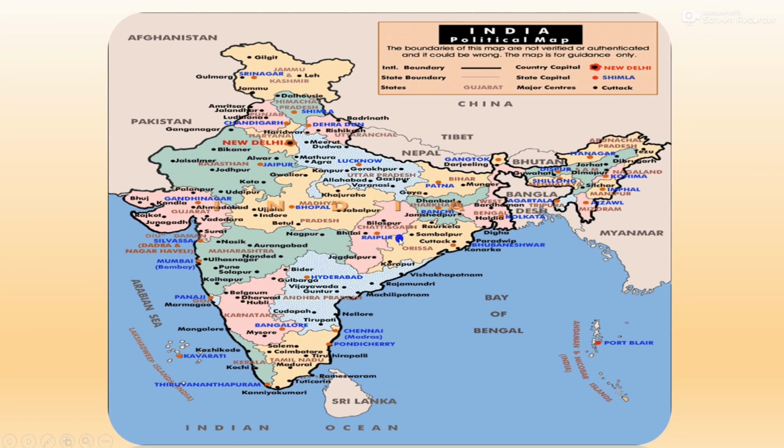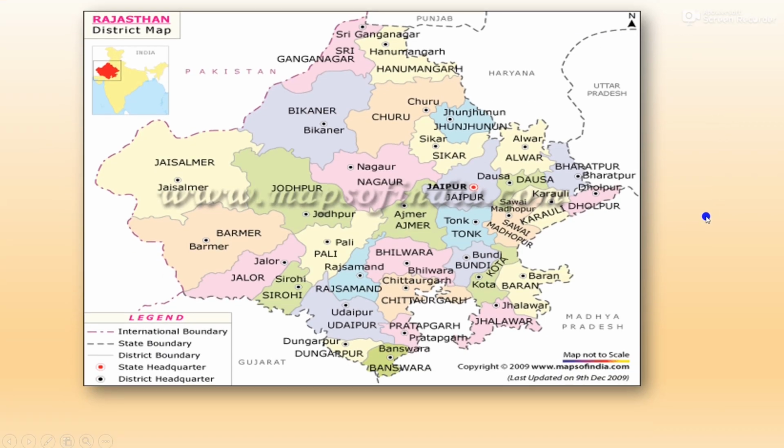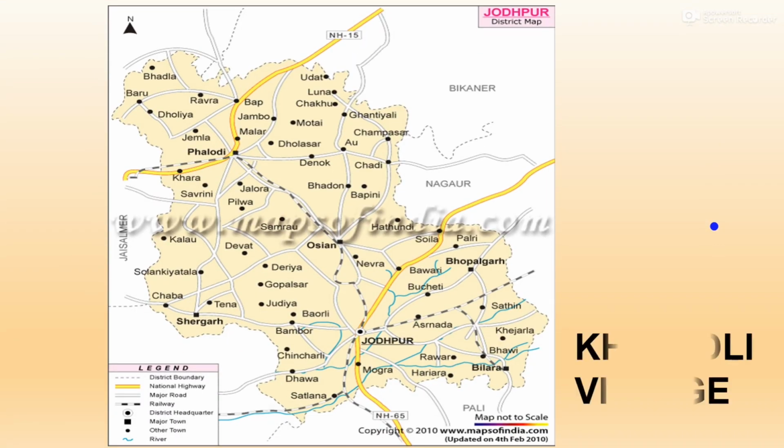So this is the country map of our country India, you can see, and here we will identify Jodhpur, which is located in Rajasthan. Near Jodhpur there is a village called Khejrali village.